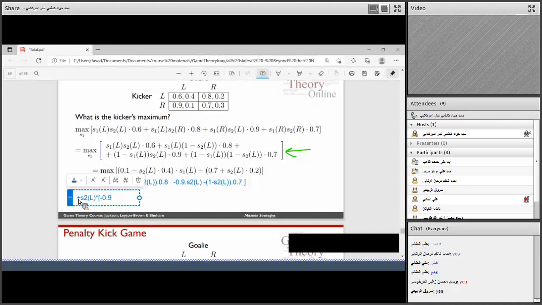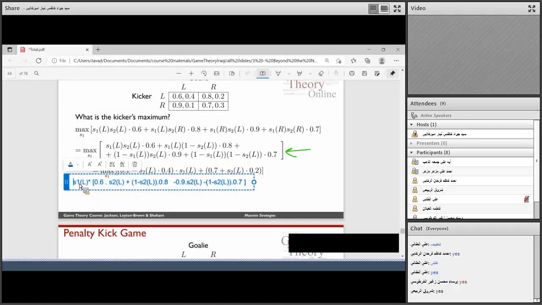Oh, wait, maybe I'm missing something. No, that's plus. This is plus. Yeah, that's right. So plus 0.9 minus 0.7. Yeah, that's more like it. Okay. So I can actually put this here. I can make this bigger. And plus this.